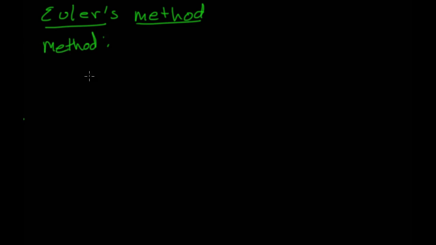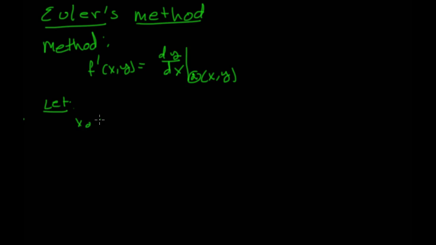Okay, so you have f prime of x, y is equal to dy dx at the point x, y. So what we're going to do is let x null be equal to the starting point. We're going to let y null be equal to its starting point.